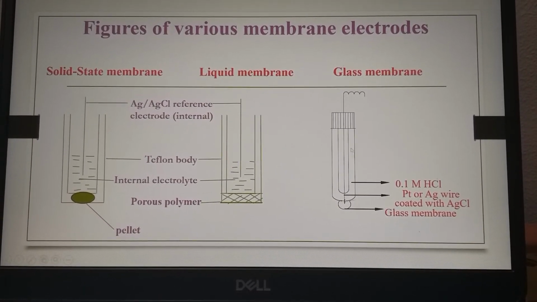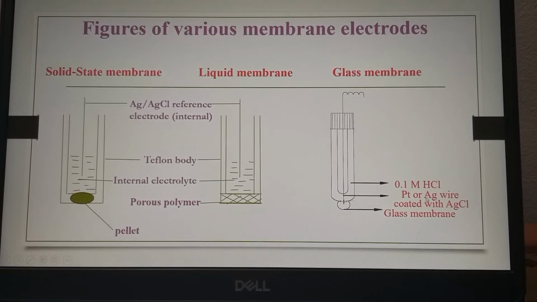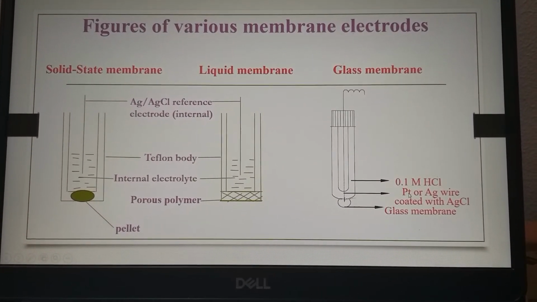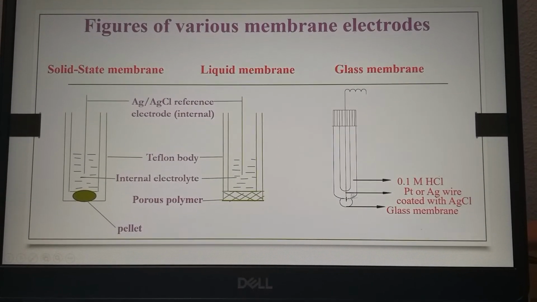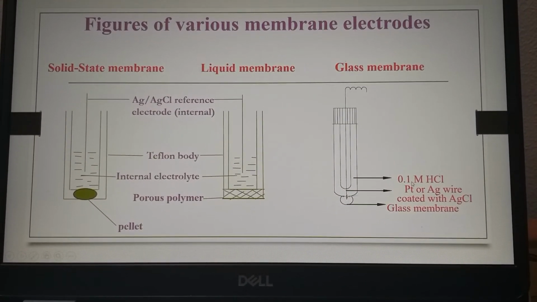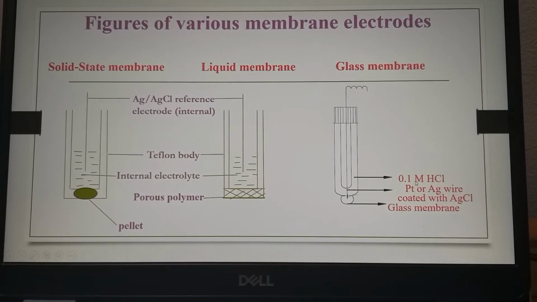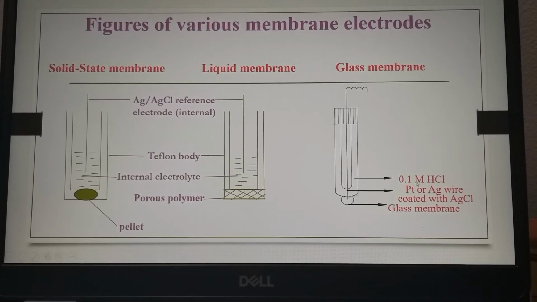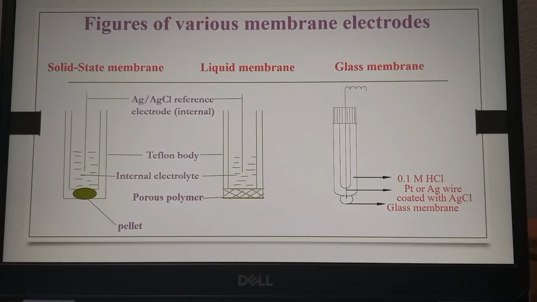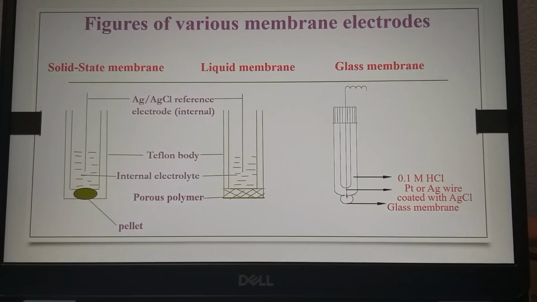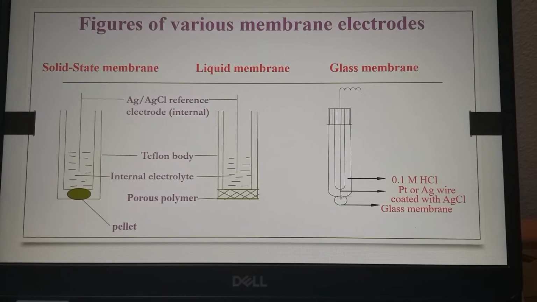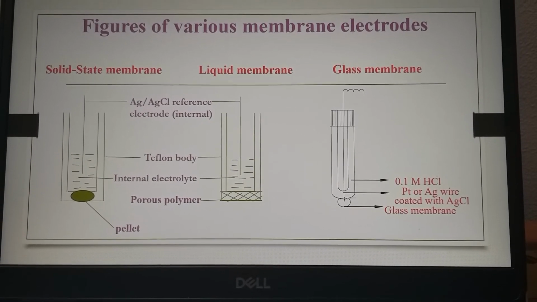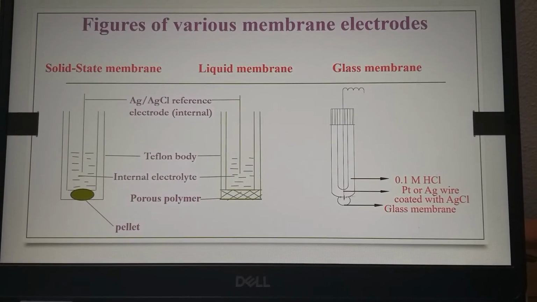The internal reference electrode is made up of silver chloride, and the internal electrolyte which is filled in the glass bulb is 0.1 molar or 0.1 normal hydrochloric acid. So all the three important constituents are present in the ion selective electrodes, whether it is solid state, liquid membrane or glass membrane.